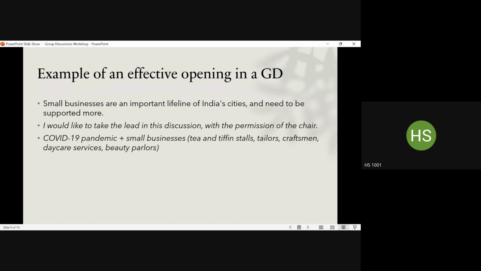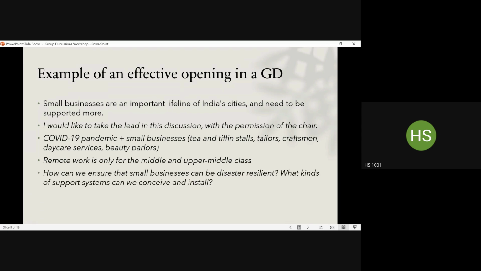Now, what are these small businesses? Tea and tiffin stalls, tailors, craftsmen, daycare services, beauty parlors, etc. faced huge losses. They found it very difficult to keep themselves functional. Remote work is not an option for small businesses. This is something that is only available to middle and upper middle class.